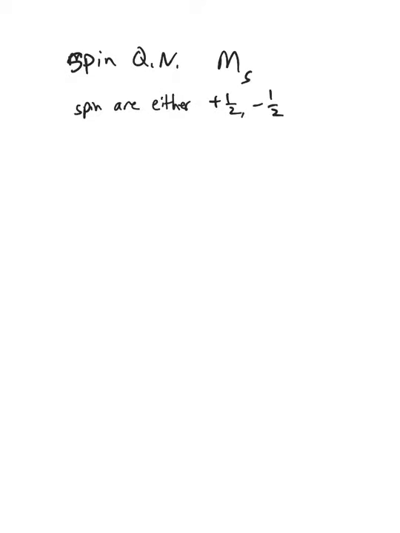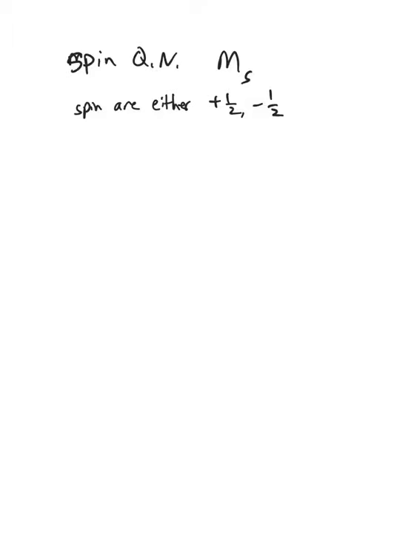And the last one is the spin quantum number, or m sub s. And this is where we're going to see how we can have 2 electrons in each of those orbitals. And the spins are either going to be designated as +0.5 or -0.5.